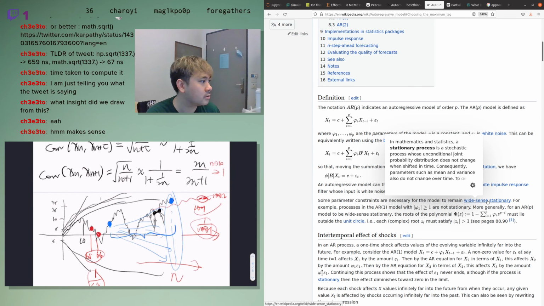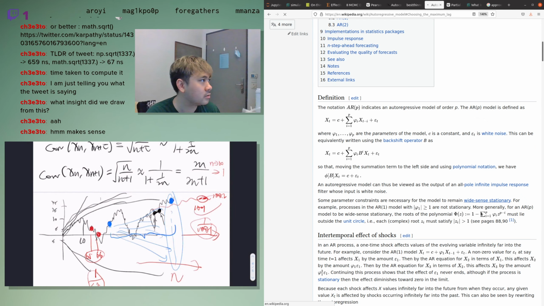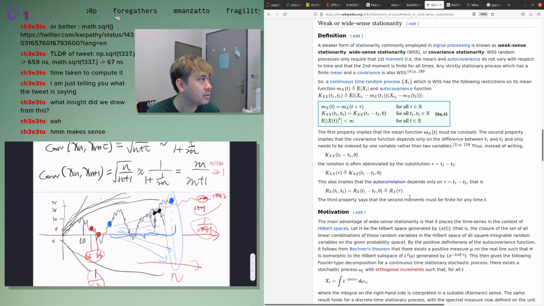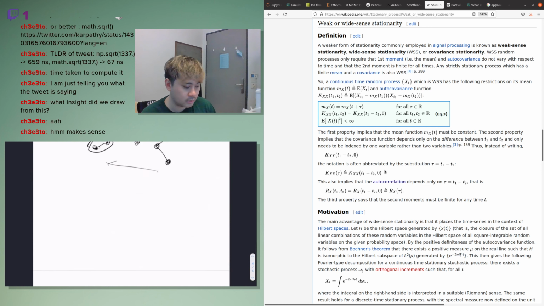So if I have white sands stationarity, then that means all of them will have the same. Oh, actually, I don't even need to do AR1, AR2, right? Wait, what am I thinking?